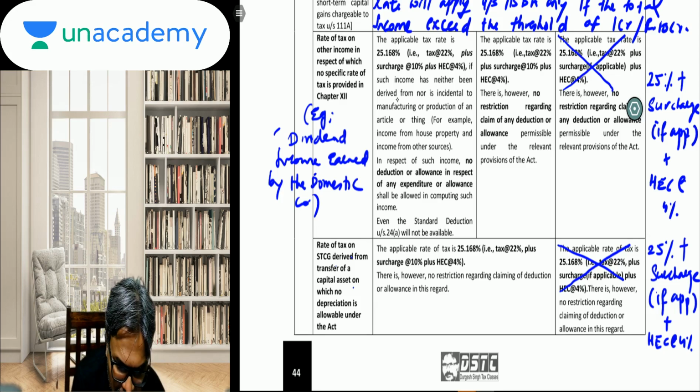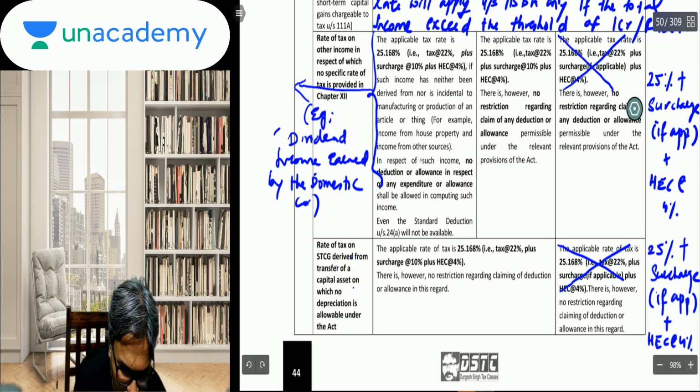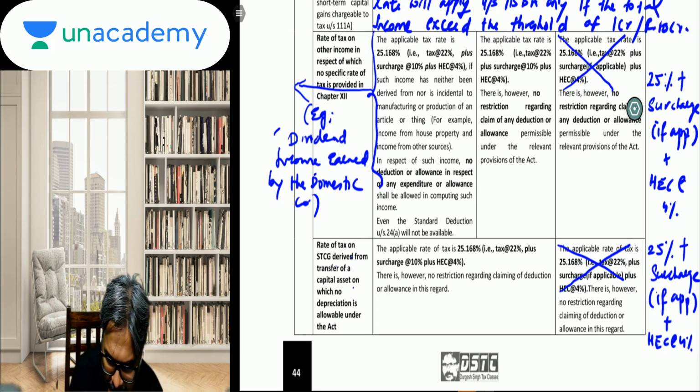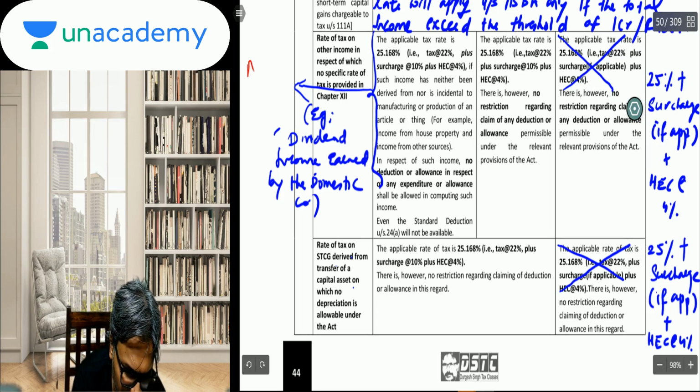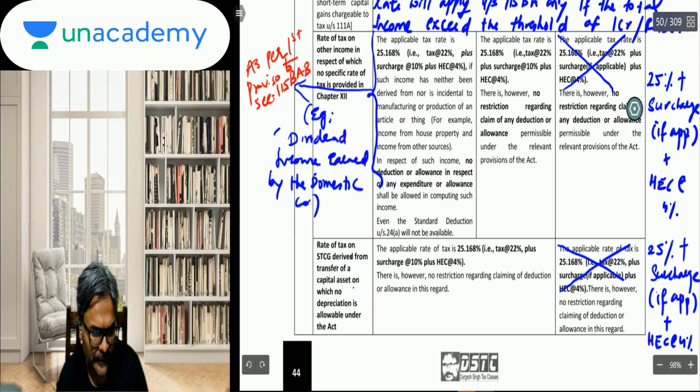This provision which you are finding is as per the first proviso to section 115BAB.